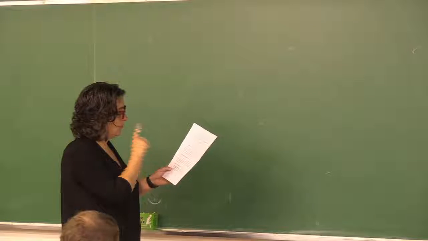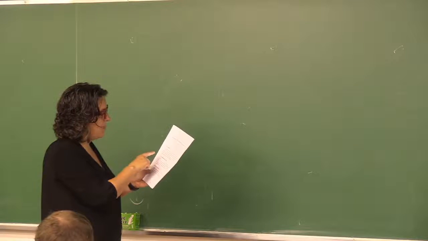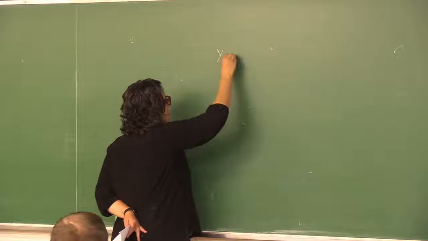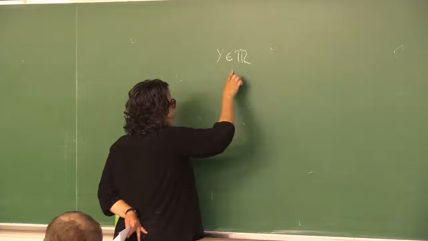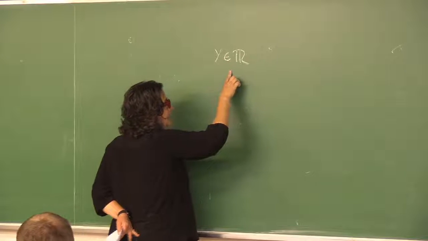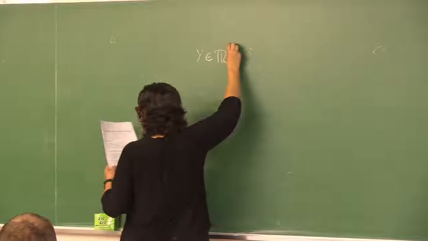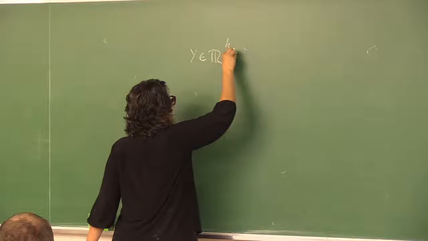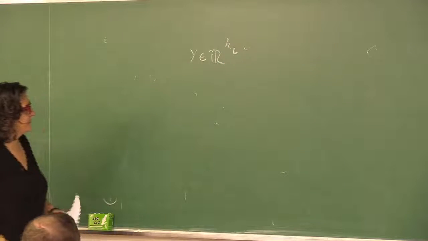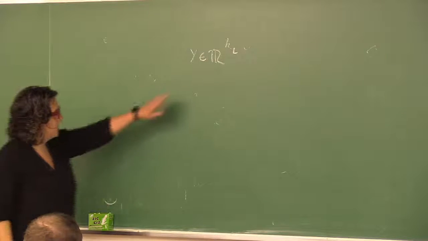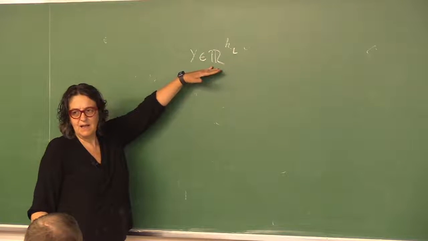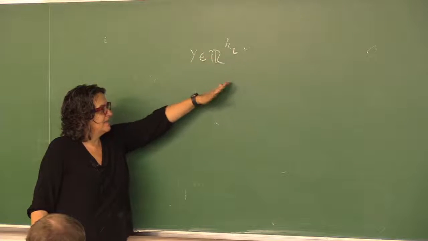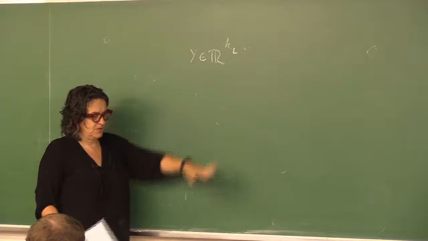The first one is the notation about Y. I'm going to assume that Y belongs to R^K, in our case it was R^10. My notation is going to be K_L. You will see why I call it K_L. This is my response that has, in the case of numbers, 10 dimensions.